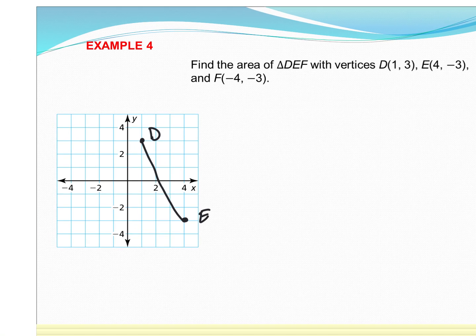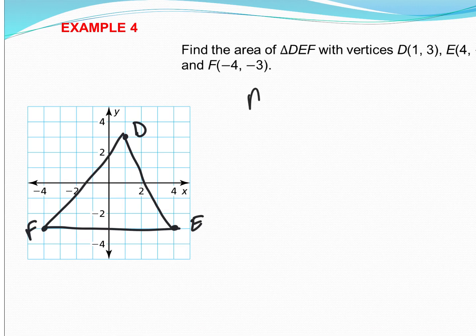And then F is negative 4, negative 3. It's asking me for area, and I have a triangle. So now I know I'm going to use the formula area equals base times height divided by 2. Let me go ahead and find my base. Your base has to be that flat side.